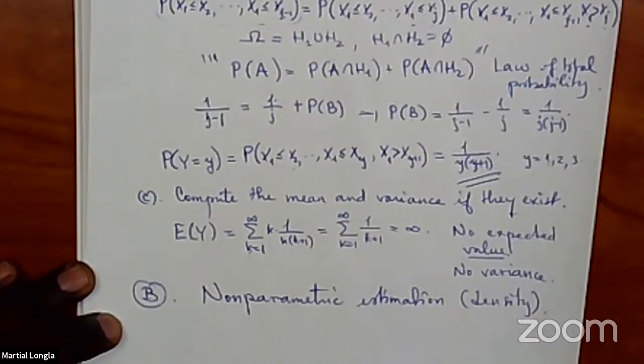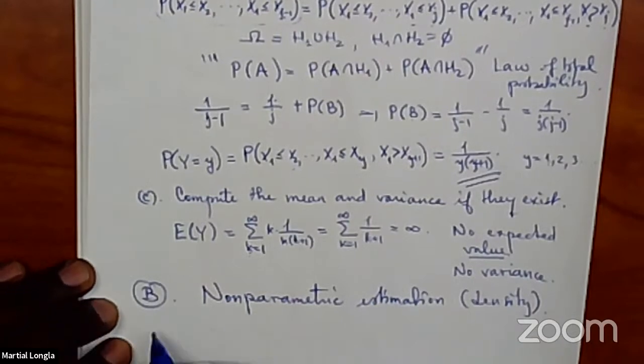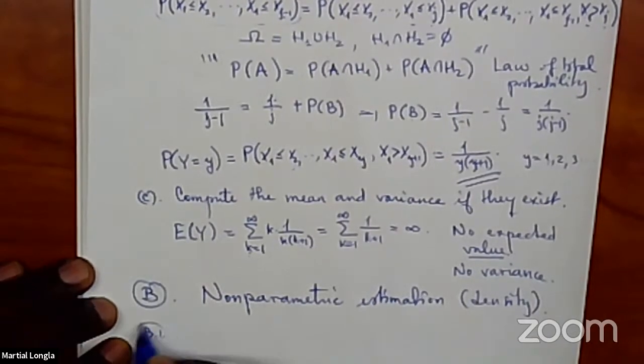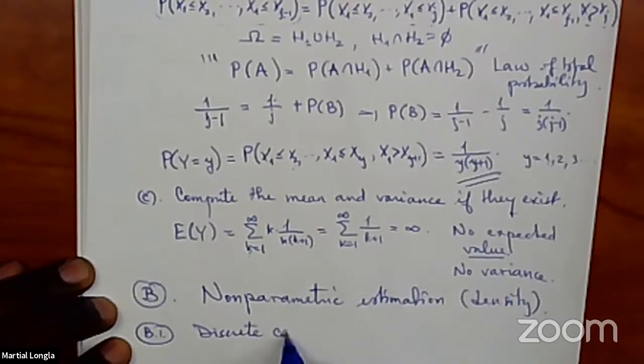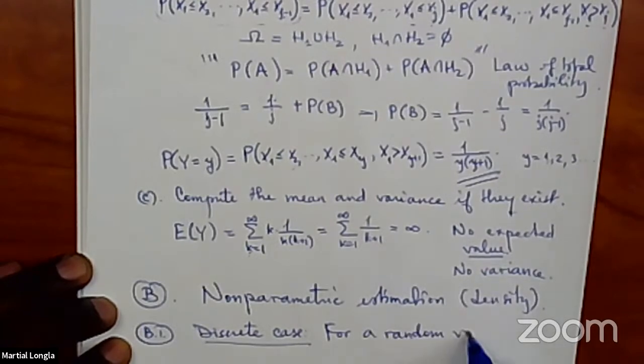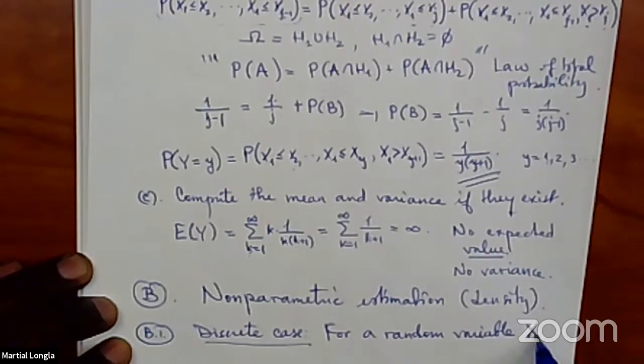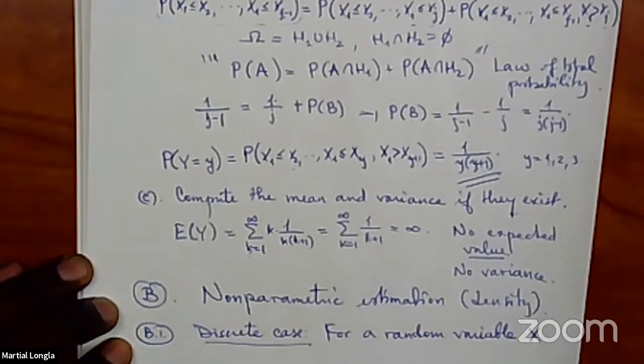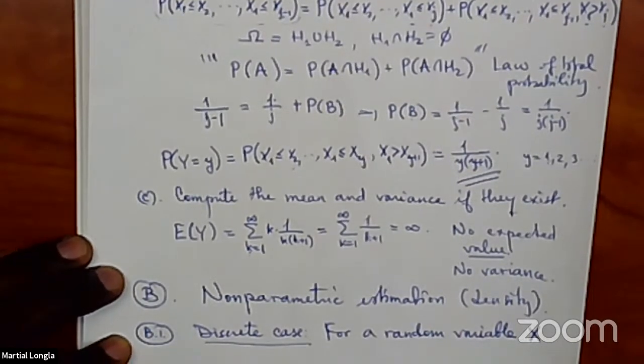And we have two cases that we look at here. Assume, for a random variable X, or somewhere you can see a population when you talk about statistics, with values.